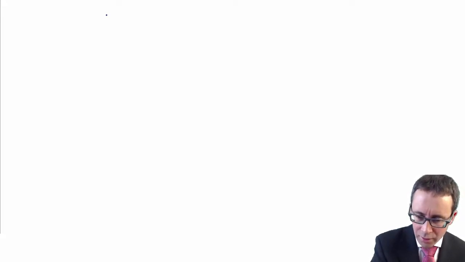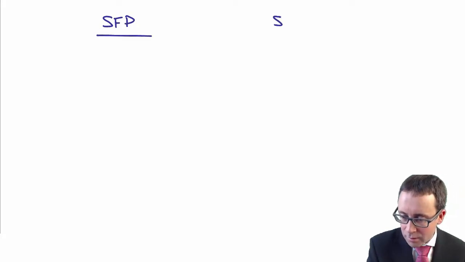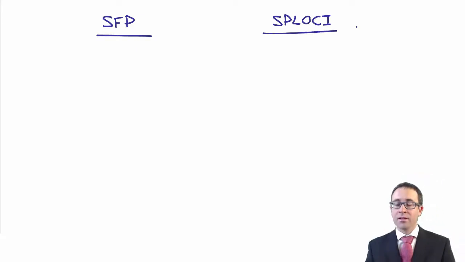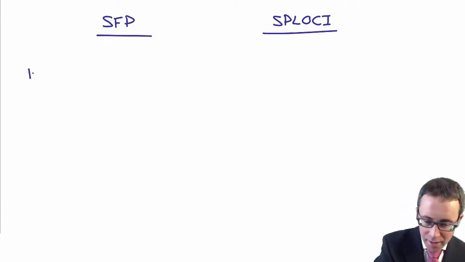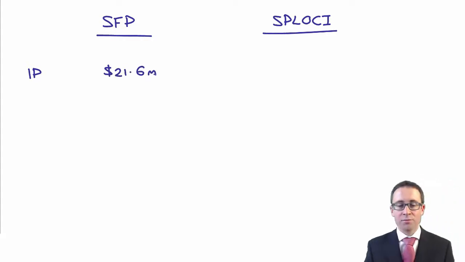So just to summarize it all, because I think a lot's gone on there, hasn't there? Let's go through and look at the summarized financial statements for that year to December. So SFP, statement of profit or loss and other comprehensive income. On the SFP, I have investment property. Is it at 21.6 million at the end of the year, isn't it? That's its fair value.